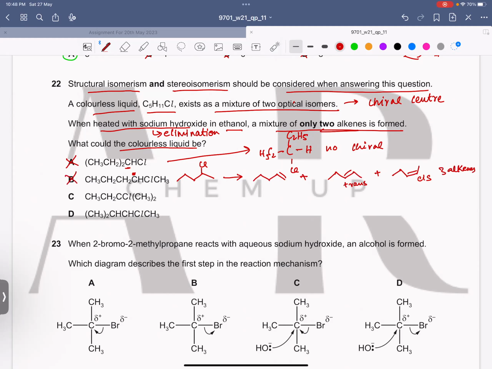Now, in case of C, there are 1, 2, 3 carbons. The third carbon has a chlorine and two CH3 groups. Okay.